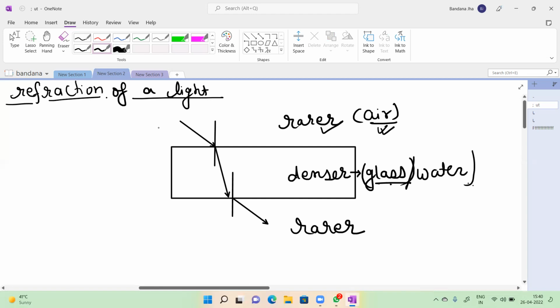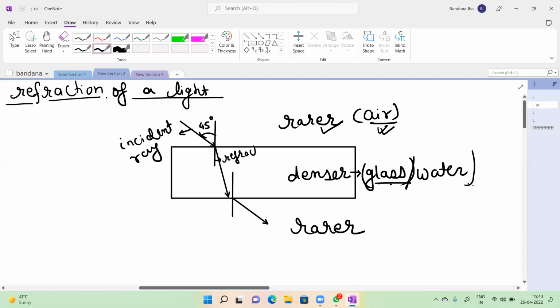So when a beam of light comes, what is it called? Incident ray. Suppose the incident ray takes an angle from the normal, suppose 45 degrees. When it comes into the denser medium, this angle is known as what?